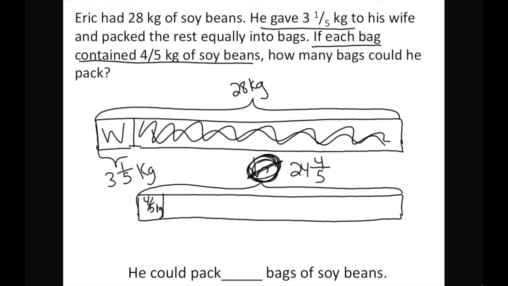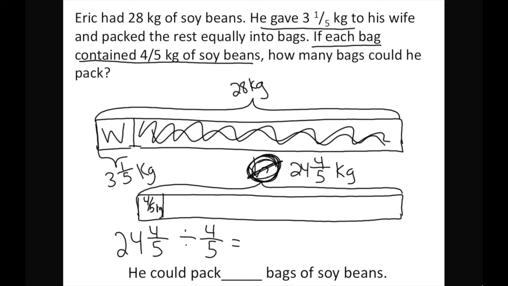I want to know how many total bags I have now. I know that I have a total of 24 4/5 kilograms of soybeans, and I'm going to put 4/5 kilograms into each bag. So to find out the number of bags, I'm now going to do 24 4/5 kilograms divided by 4/5.